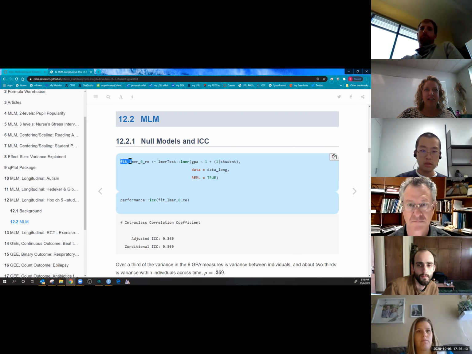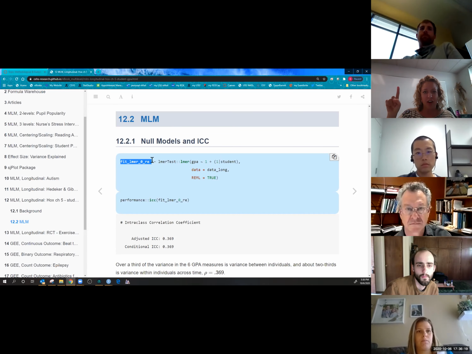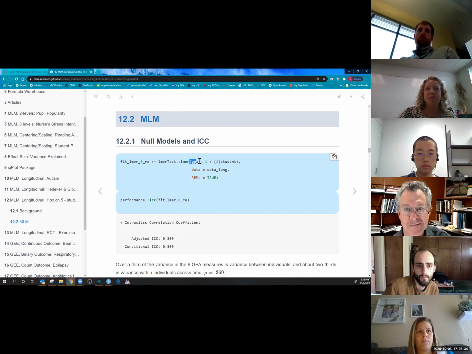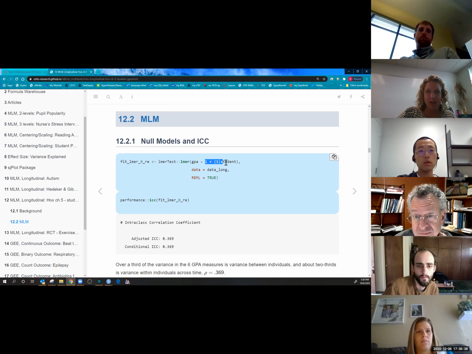So I'm going to fit my first lmer model, and it's a null model, so I'm going to call it 0, and I'm going to fit it with restricted maximum likelihood. Why would I fit my first null model with restricted maximum likelihood? So I can calculate the ICC. ICC, yay, we still do that. So here I'm looking at GPA with a fixed intercept and random intercepts per student.